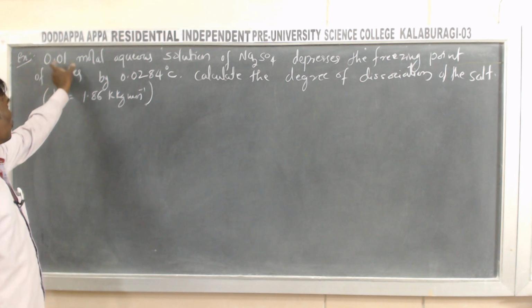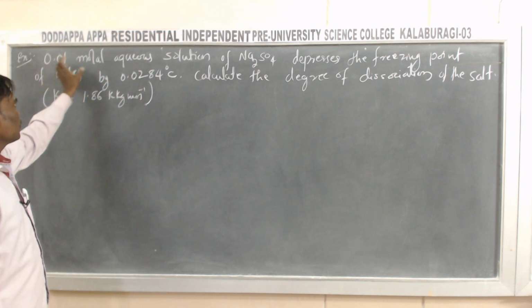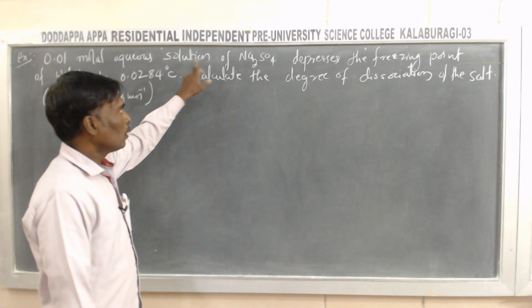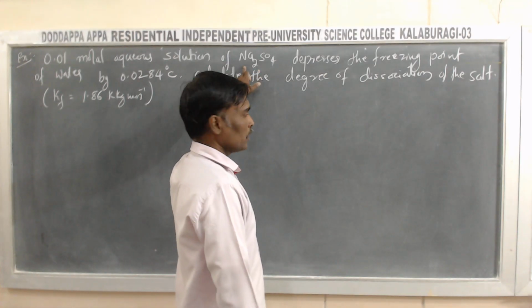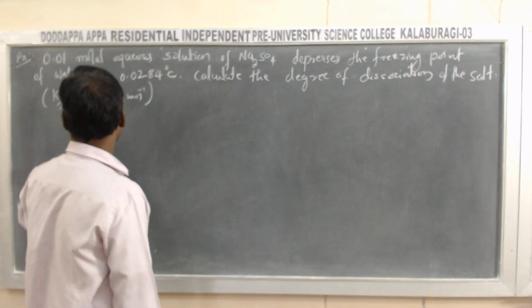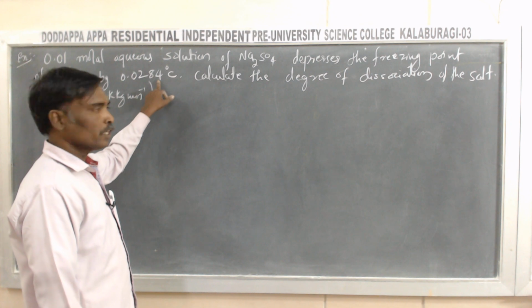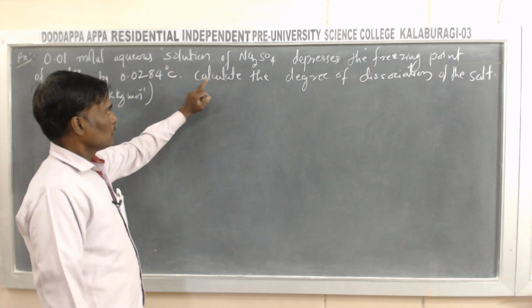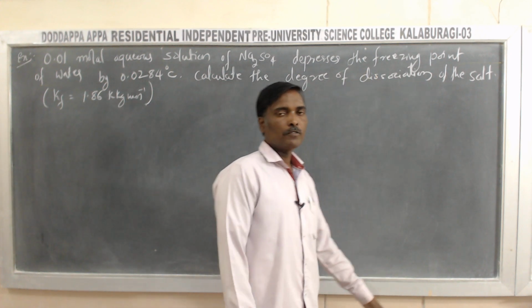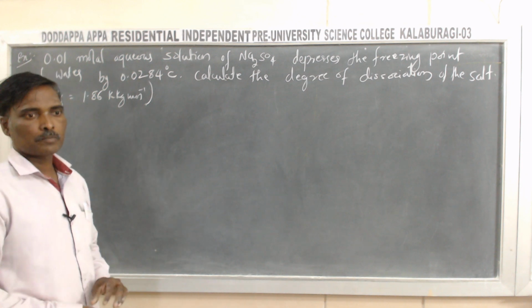A 0.01 molar aqueous solution of sodium sulfate, Na2SO4, depresses the freezing point of water by 0.0284 degrees Celsius. Then calculate the degree of dissociation of the salt, and Kf is given, it is 1.86.